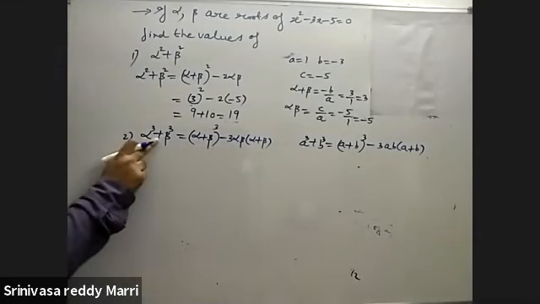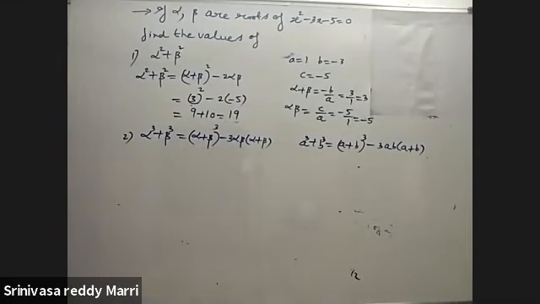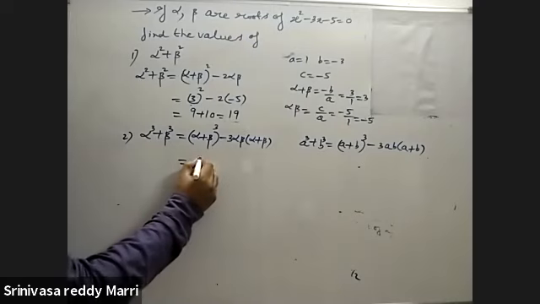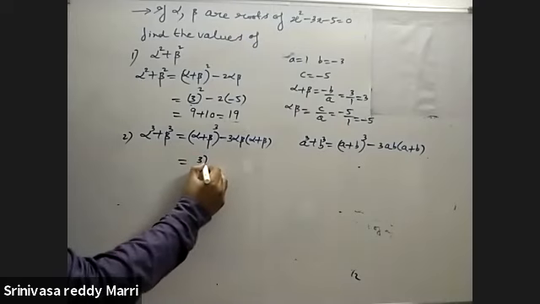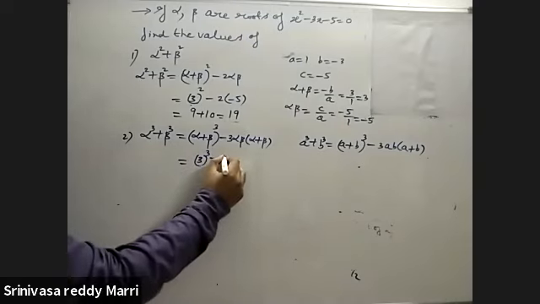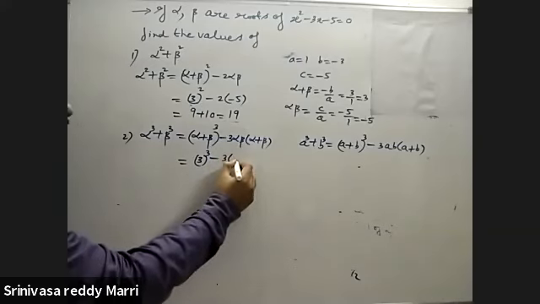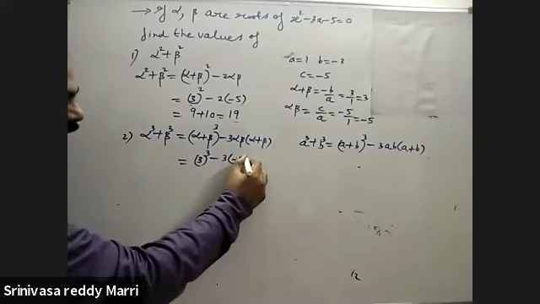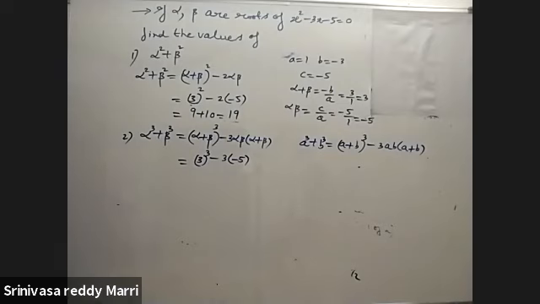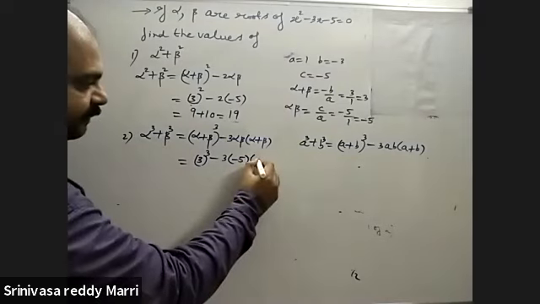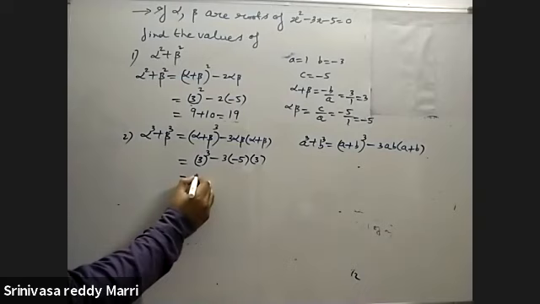Now here a is alpha, b is beta. Because these values you know, you can substitute: 3 whole cube minus 3 into alpha beta, minus 5, into alpha plus beta, 3.